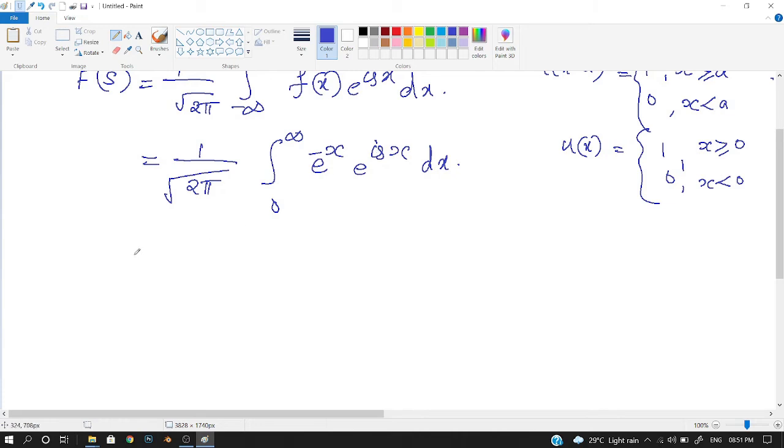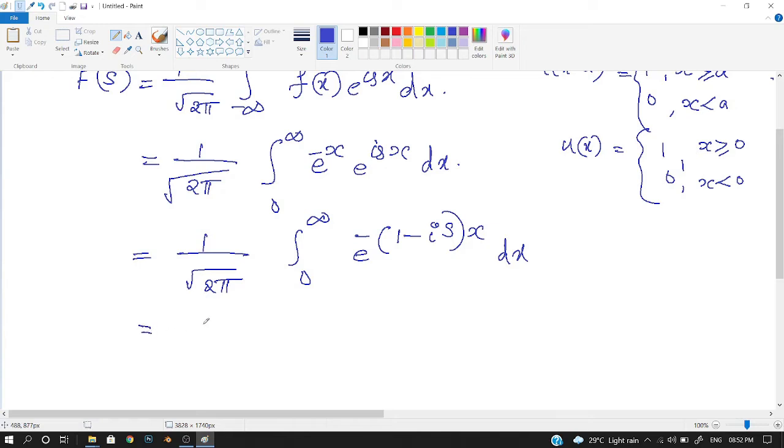Now we have this much only, so that is 1 by root 2 pi, integral 0 to infinity. Now you can combine the powers here, so e raised to minus of 1 minus is into x dx.